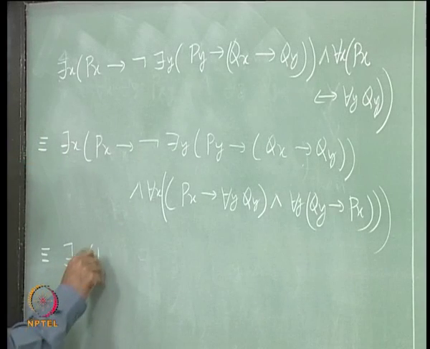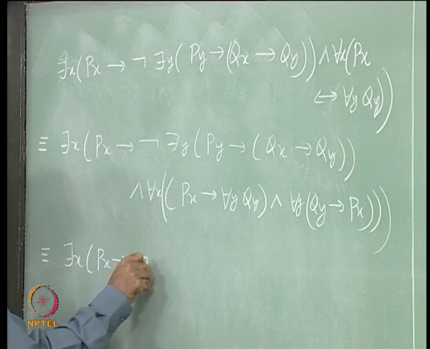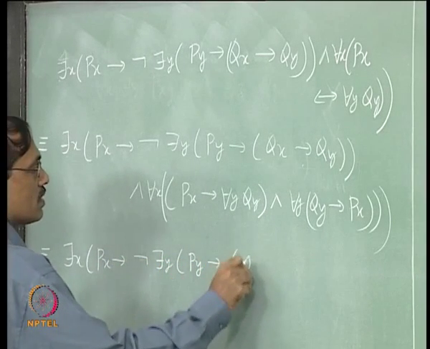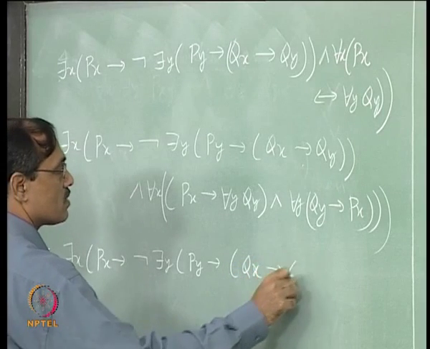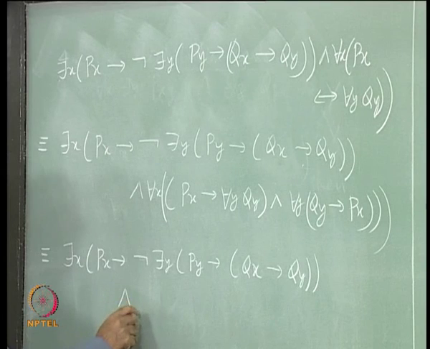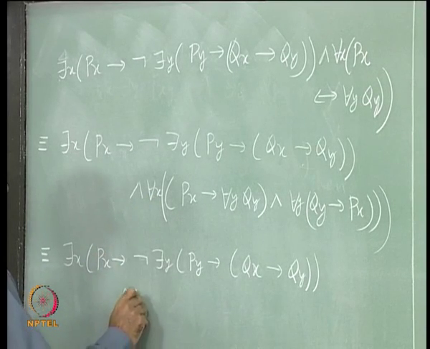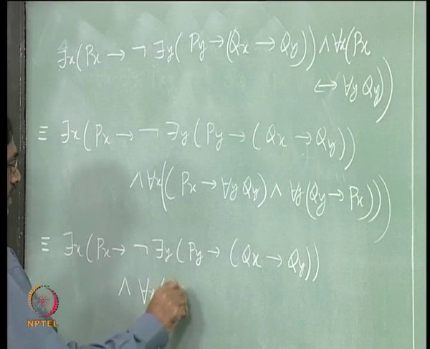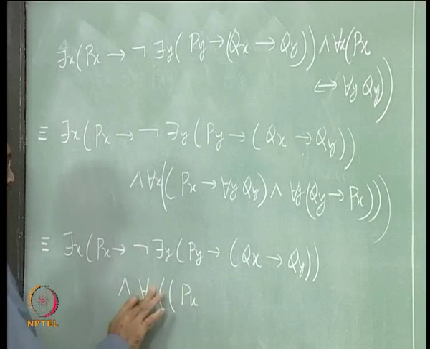There exists x, p x implies not there exists y, p y implies q x implies q y, and now this x is to be renamed. So, we write for each x say p u, now x will be u.